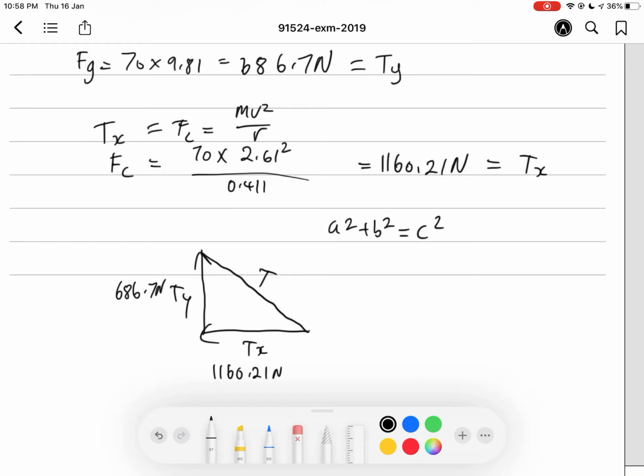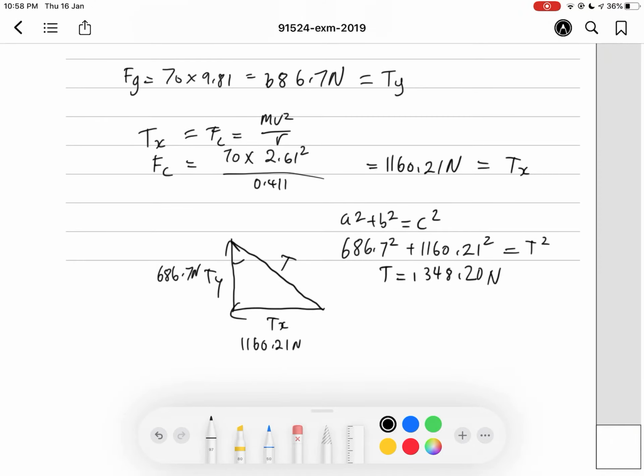In this case, c is our T, as it is the hypotenuse, and Ty and Tx are our a and b values. So 686.7 squared plus 1160.21 squared equals T squared. We should get that our tension force is 1348.20 newtons.